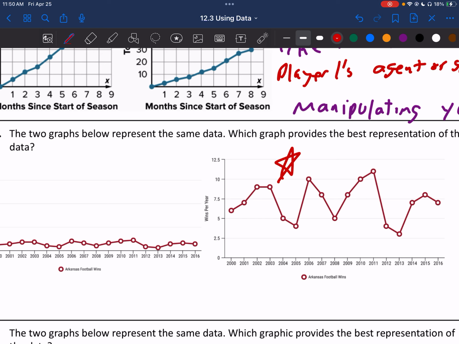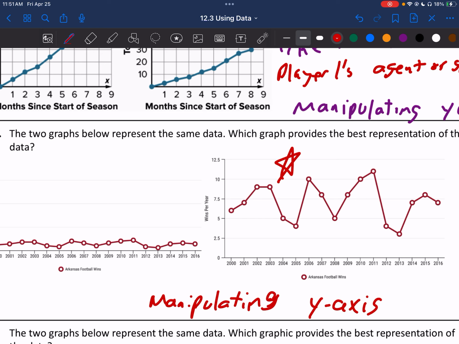And again, this is an example of manipulating the y-axis. By changing the scale of the y-axis, making it really big and going up to 100 wins, which is ridiculous because the most games a college football team is going to play is maybe 15, but it's definitely closer to the 13 range depending on the conference.